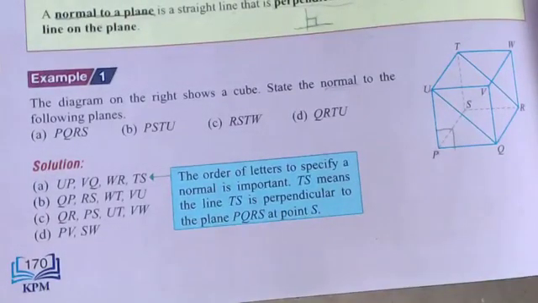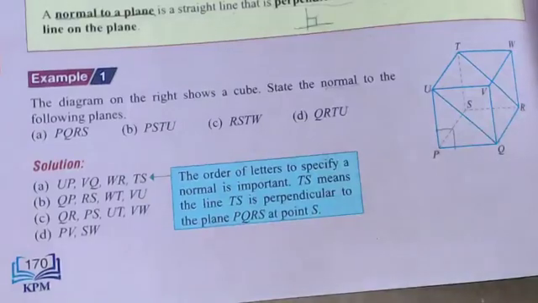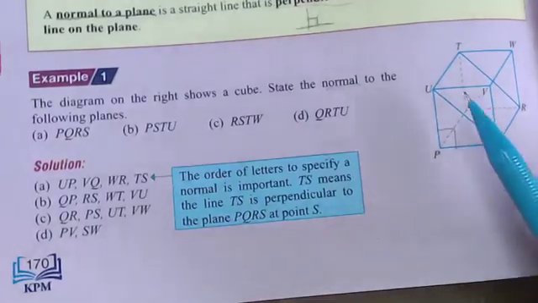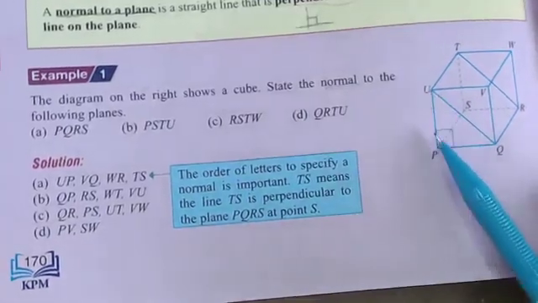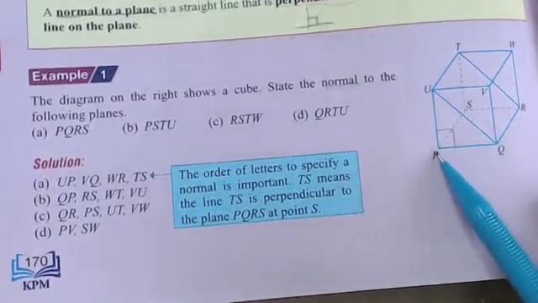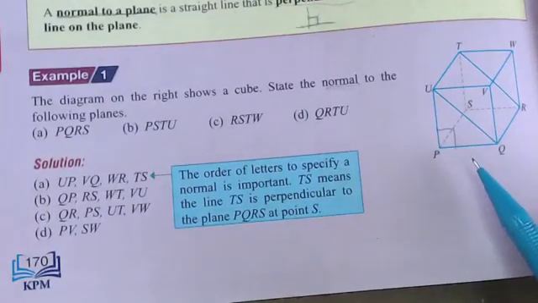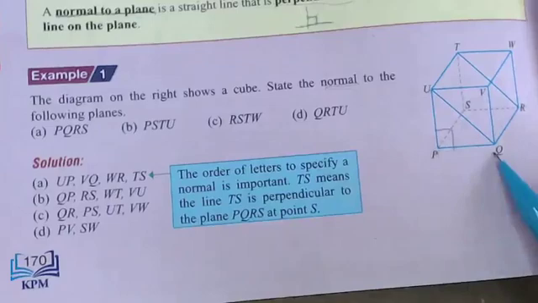So it refers to the relation between one straight line and a plane. Beside this UP line, can you find another line connected to this plane PQRS which is perpendicular?